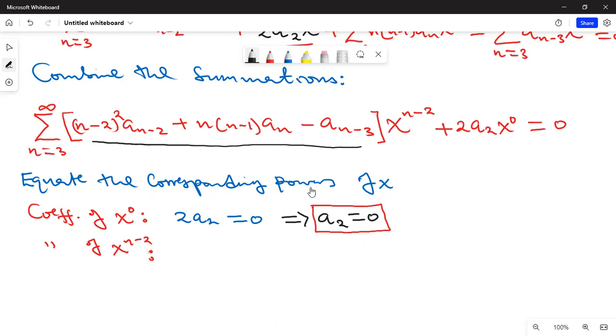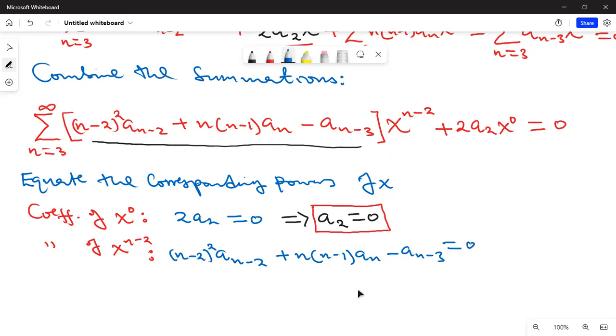So we are going to talk of n minus 2 squared times a substitute n minus 2 plus n minus 1 an minus 3 is equals to 0.